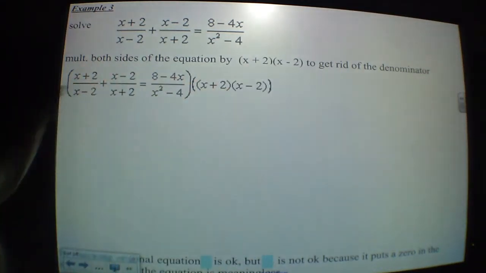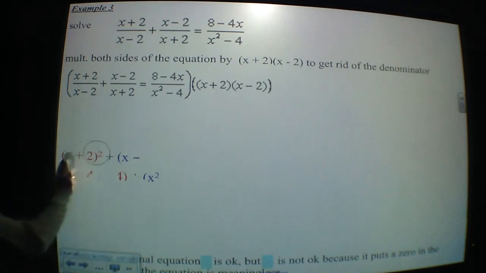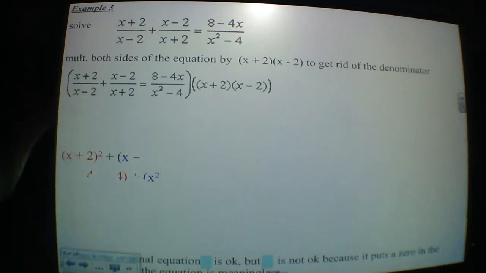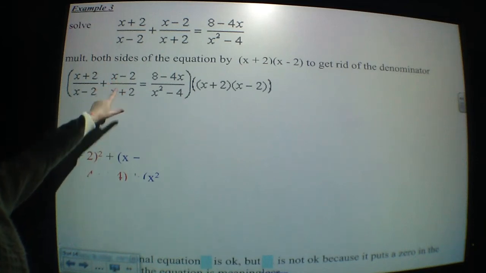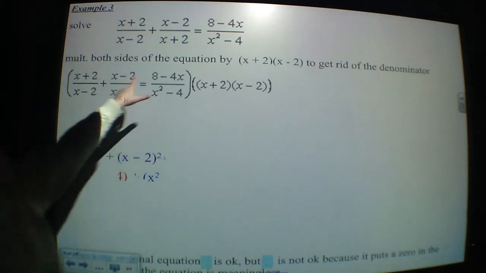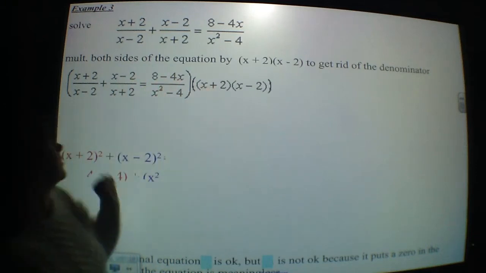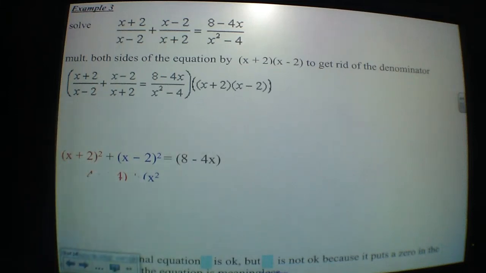When you distribute it to the first term, the x minus 2 will cancel out. Written down there. And then you'll have x plus 2 squared. When you distribute this to the next term, the x plus 2's cancel out, and you have x minus 2 quantity squared. And when you distribute the last term, it cancels out completely, and you have 8 minus 4x.